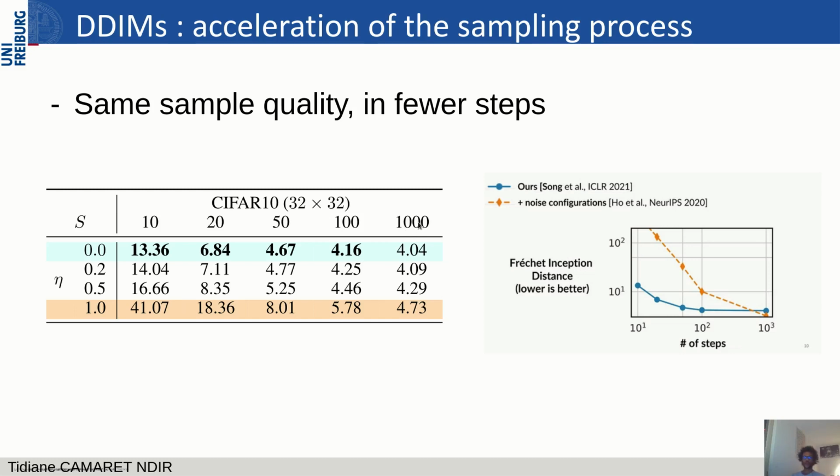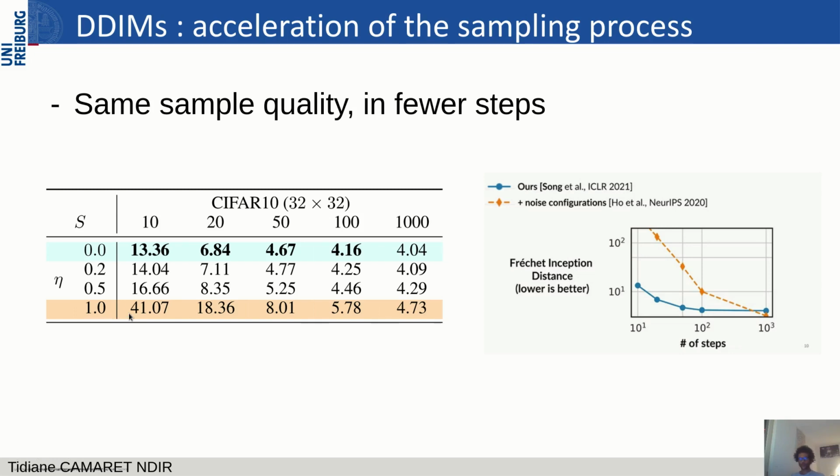And also the stochasticity of the model. Here they tie the stochasticity to a parameter called eta. When eta equals 0, it means that sigma equals 0 everywhere, so it's our DDIM process here in blue. And when eta equals 1, here in orange, it's the DDPM model.